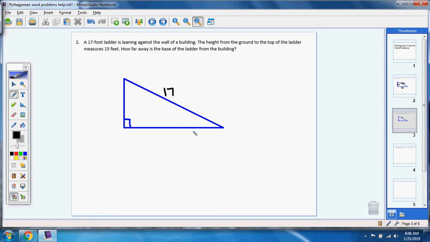It says the height from the ground to the top of the ladder measures 15 feet. So this is the height. Got our 15. And our goal is to find the base, which this is C. Most students say this is A, so this would be B.